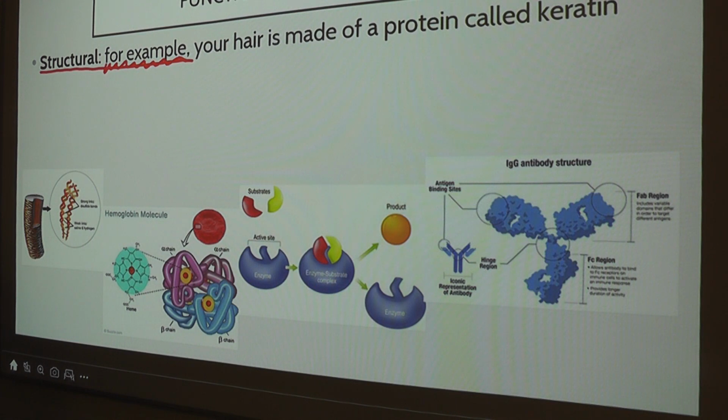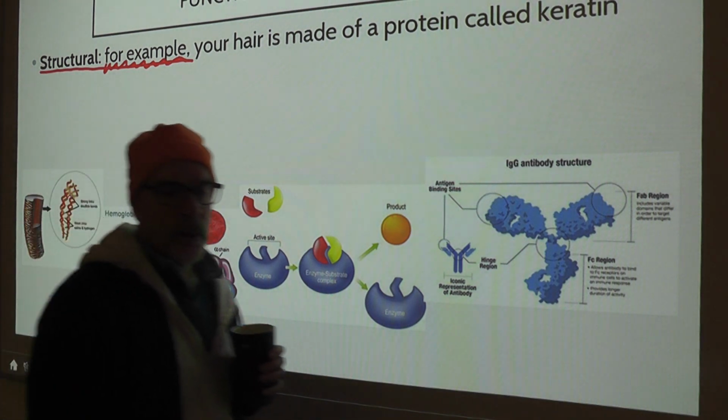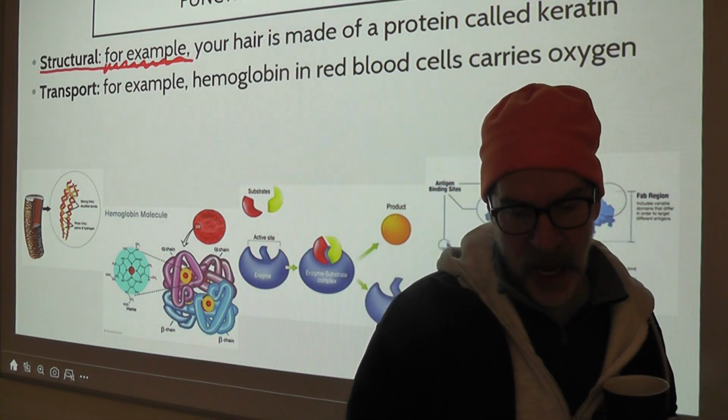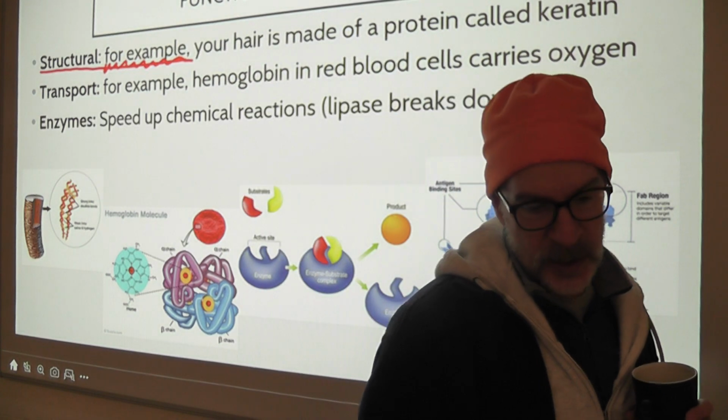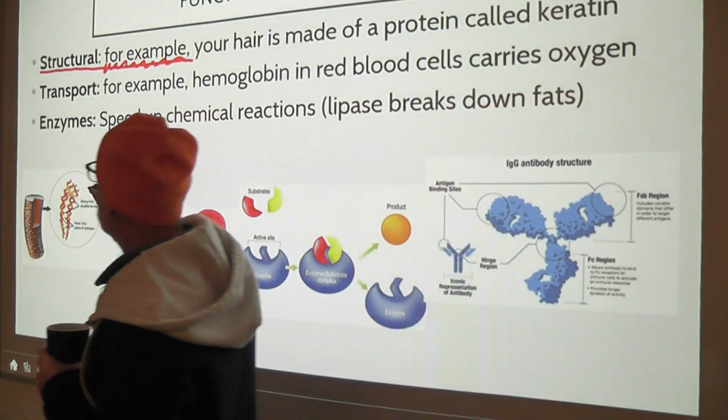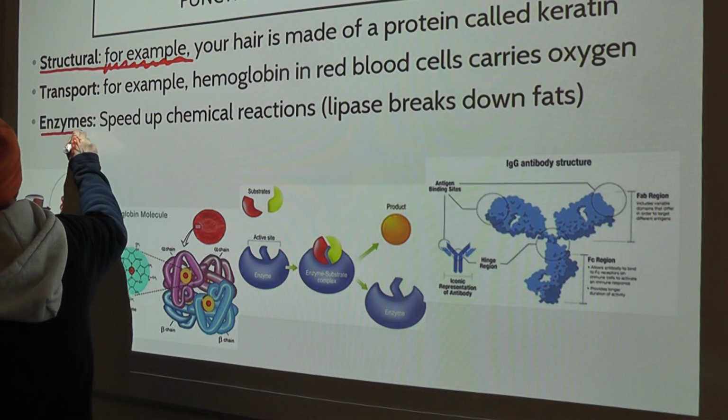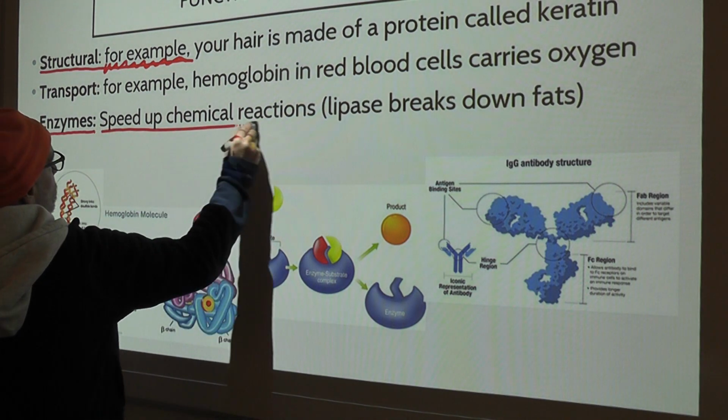Protein in humans is really critical structurally. The main thing that we're going to talk about is enzymes. Enzymes are proteins that speed up chemical reactions.